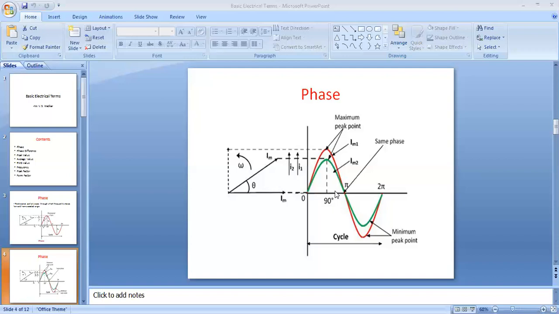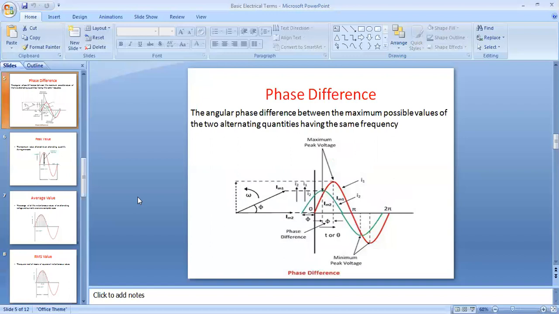Next, that is a phase difference. The phase difference between two electrical quantities is defined as the angular phase difference between the maximum possible values of two alternating quantities having the same frequency.